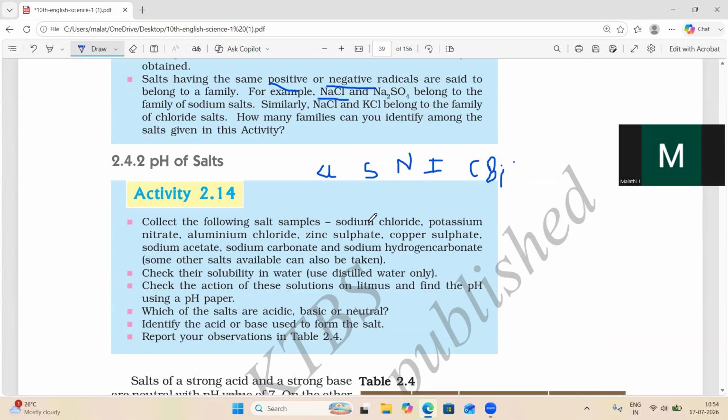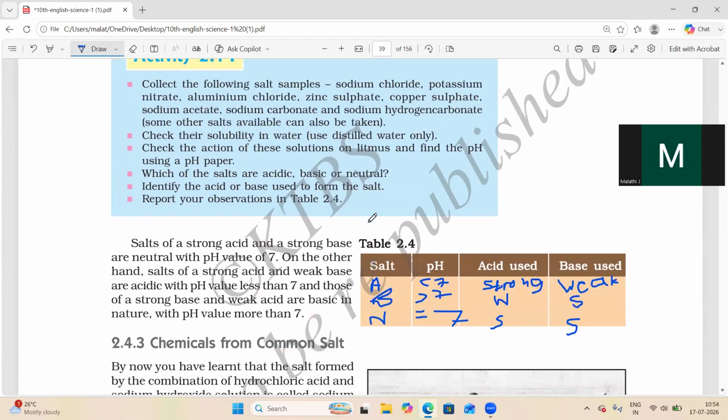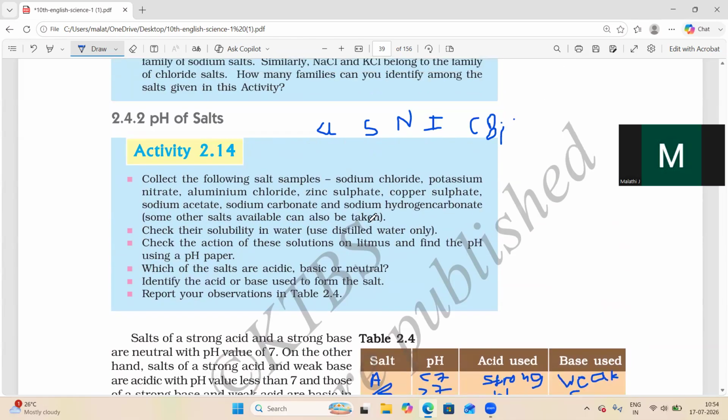How do you prepare these salts? We know that salt is one of the products of a chemical reaction. When acids and bases react, we get a salt: acid plus base. Salt is one of the products from a chemical reaction, is it or not? Yes, of course. One more thing: when metals react with acids, we get a salt.